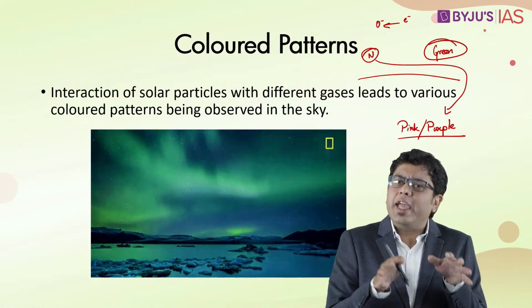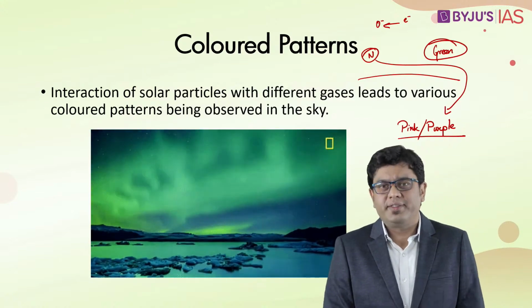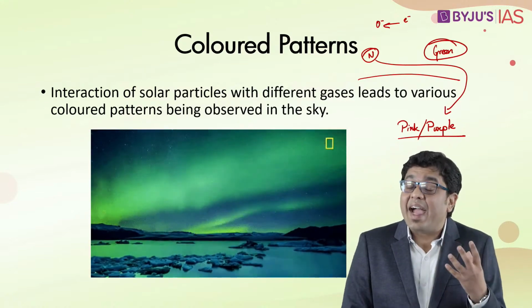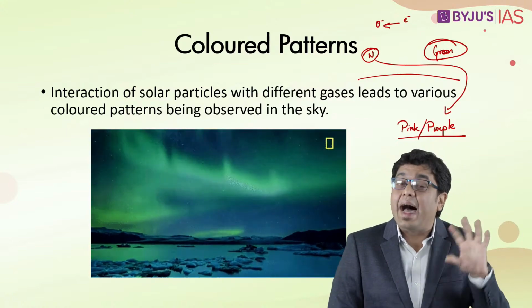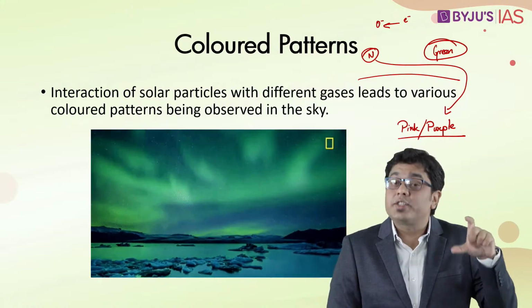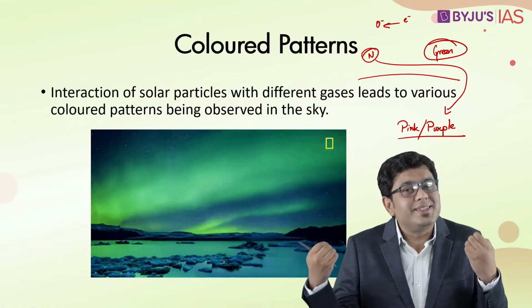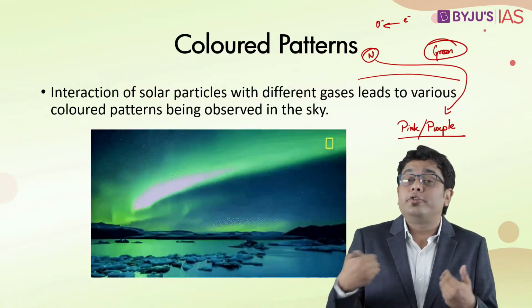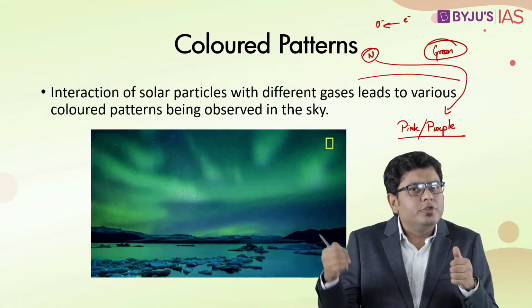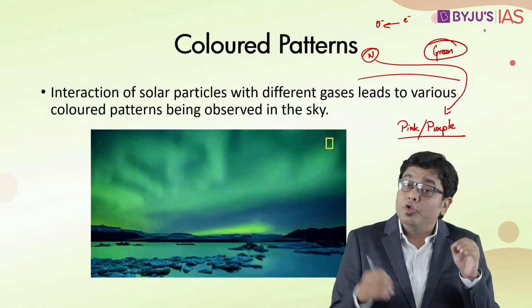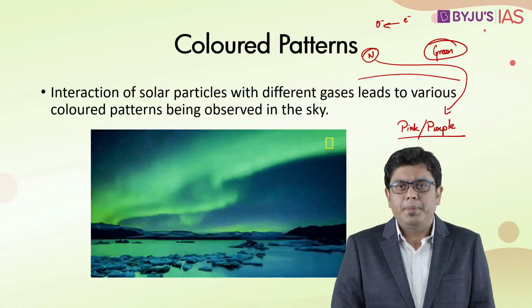So whenever you get to observe red color in the case of these auroras, it means the interaction between the molecules and the charged electrons is happening at a great distance from the surface. That part of the atmosphere is directly exposed to the solar energy.